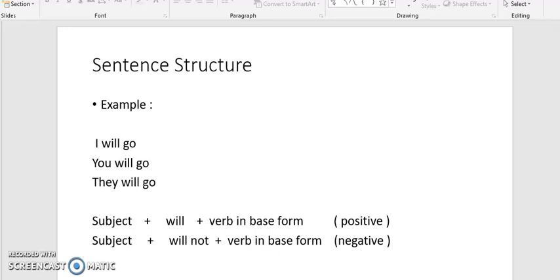So, by looking at the examples, we can say that this future tense is made up of three important things: subject, will, and verb.